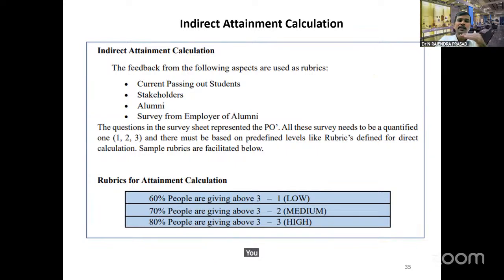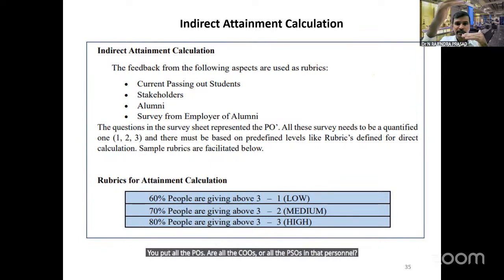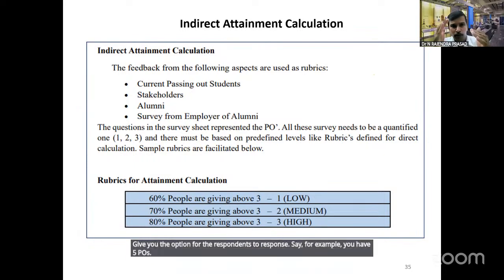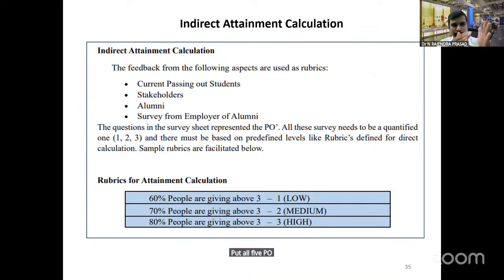You put all the POs, all the COs, all the PSOs in that questionnaire. Give the option for the respondents to respond. Say, for example, you have five POs. Put all five POs, PO1, PO2, PO3, PO4, then the respective PO statement. Then the space for rating.